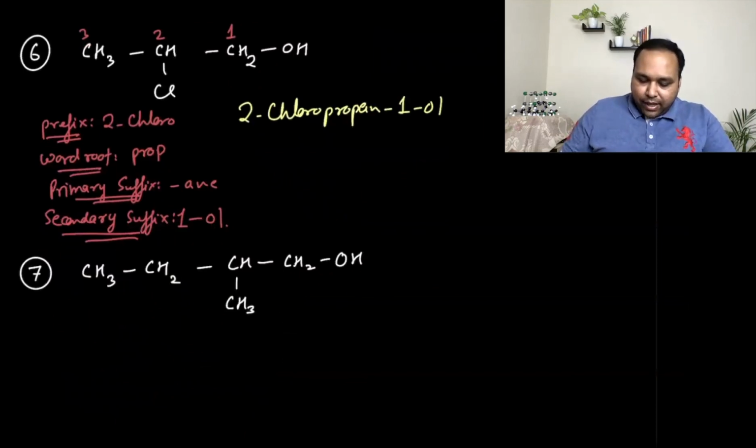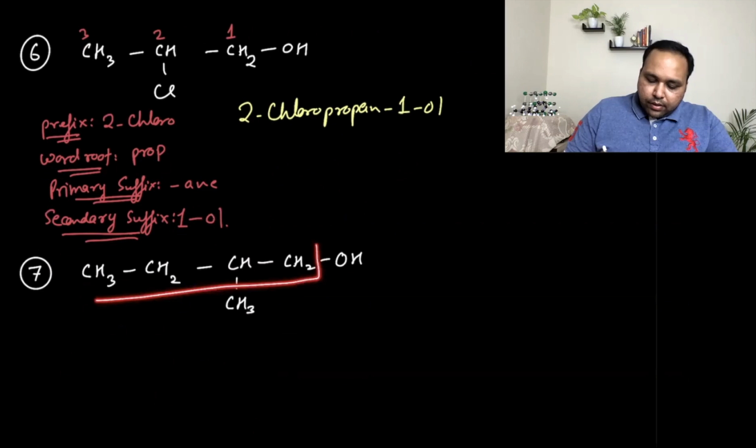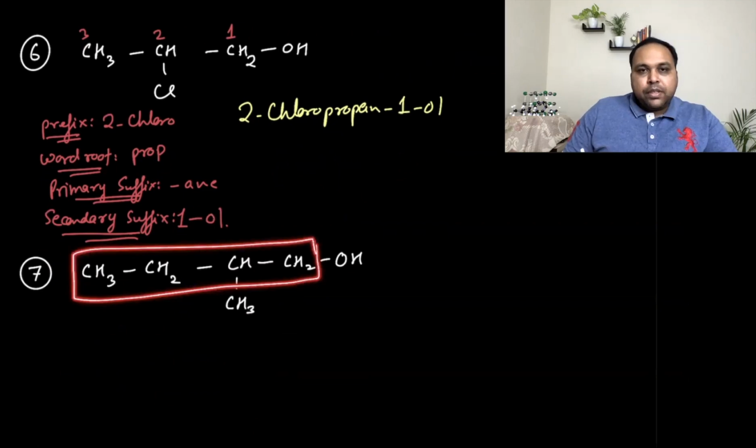Okay, so again, guys, come on, try and write the name with me. What you do is, first of all, find out the main carbon chain. So the main carbon chain is the longest 4 carbon atom chain. Now, as you identify the carbon chain, what is the functional group? Alcohol. What is the substituent?